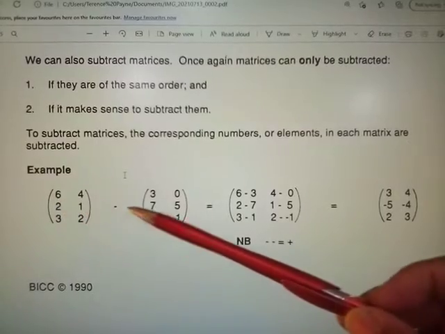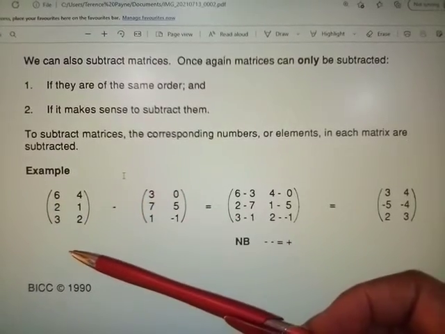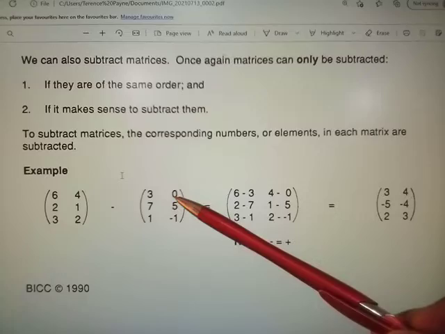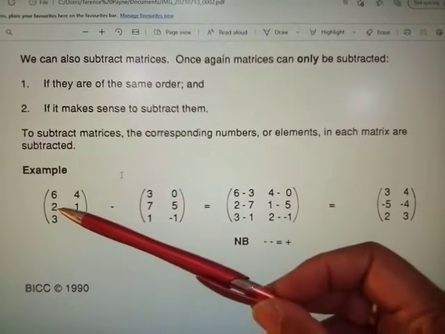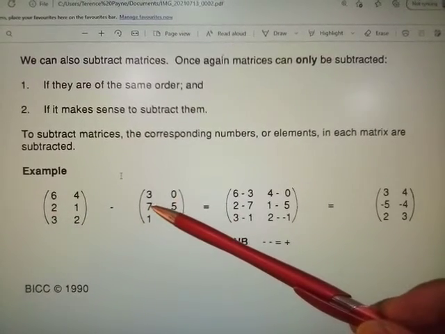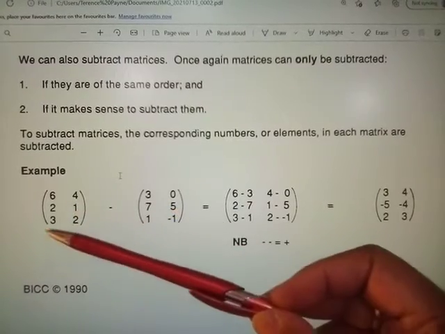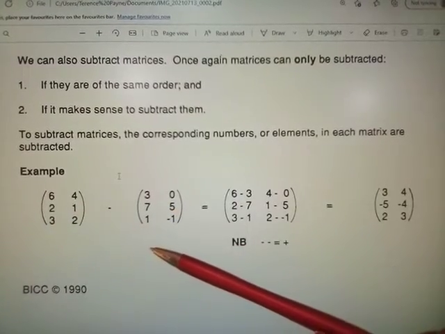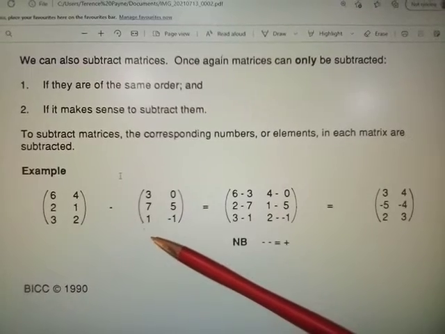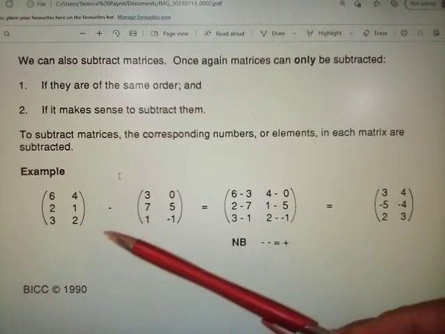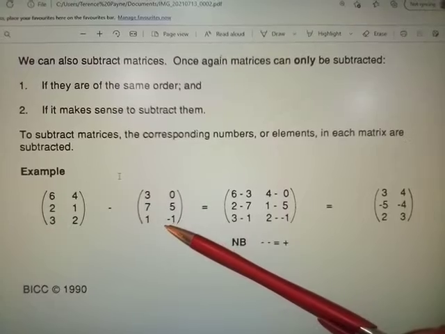So we're saying 6 minus 3, 4 minus 0, 2 minus 7, 1 minus 5, 3 minus 1, and 2 minus 1.